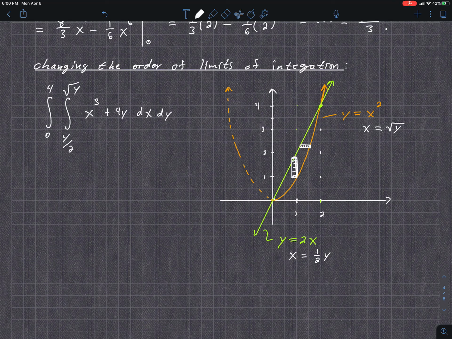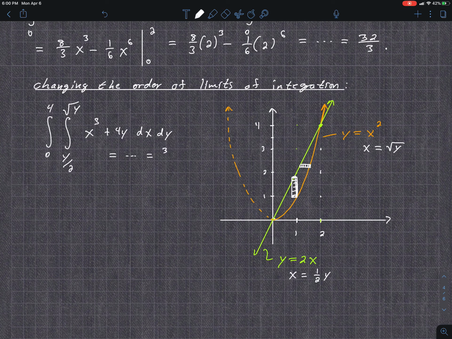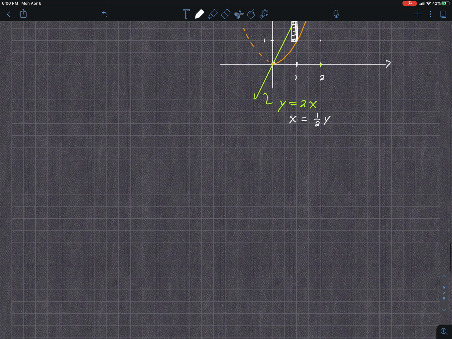So when you integrate this, it would be the same value, of course. You can check that. Just integrate with respect to x first, so you get 1/4 x to the 4th, and then 4yx, and then you substitute in and evaluate. And you'll get the same thing, 32/3. So Fubini's theorem works really with the general regions as well.